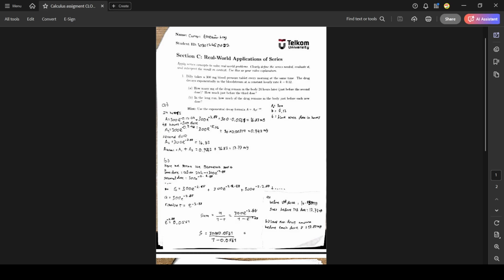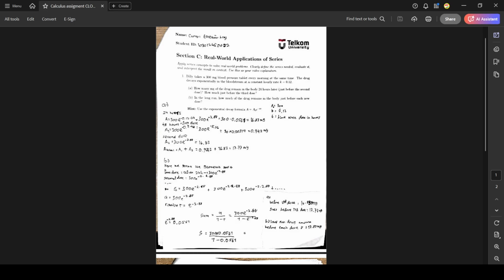And for 48 hours, the amount from the first dose we declare as A1, and A1 is 300 times e to the power of minus 0.12 times 48, because it's 48 hours, and the result is 0.942 milligrams.